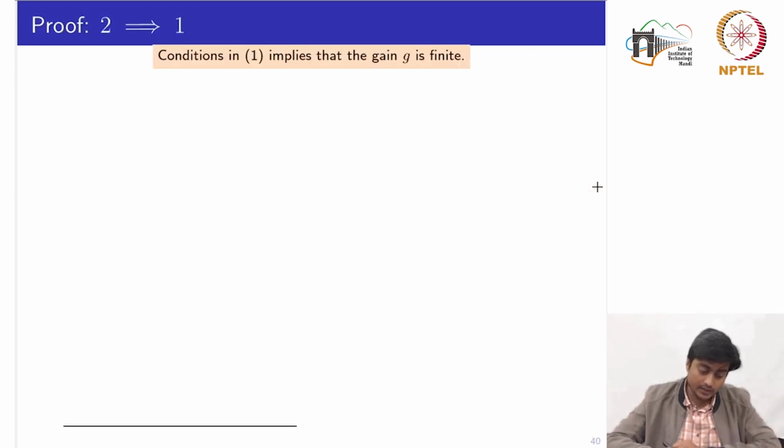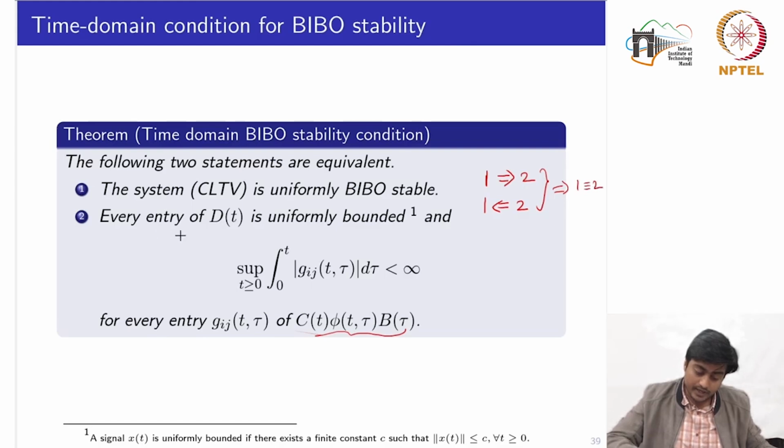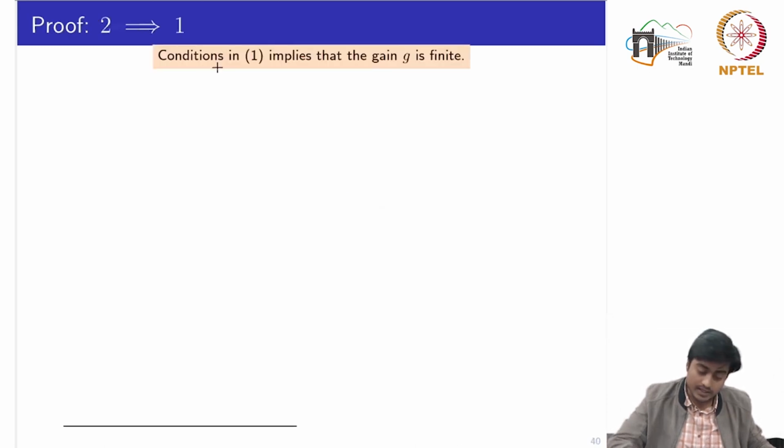First we will see 2 implies 1, meaning that if every entry of D of t is uniformly bounded and this condition is satisfied, then it implies that the system is uniformly bounded input bounded output stable. Now see that the conditions in 2 imply that the gain G is finite.